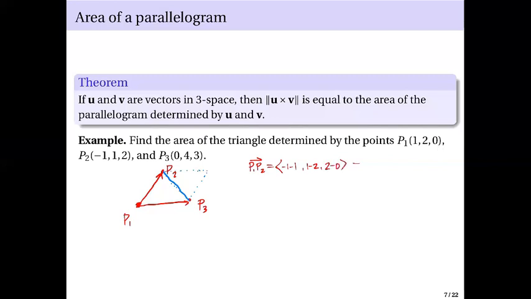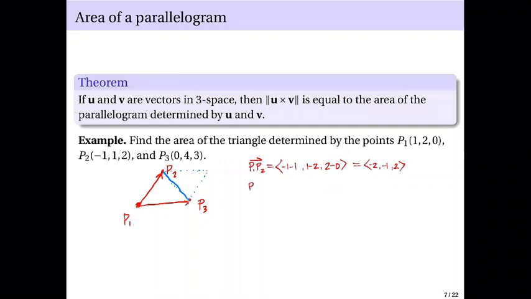We simplify this. We have negative 2, comma, 1 minus 2, that's negative 1, and then 2 minus 0, that's 2.